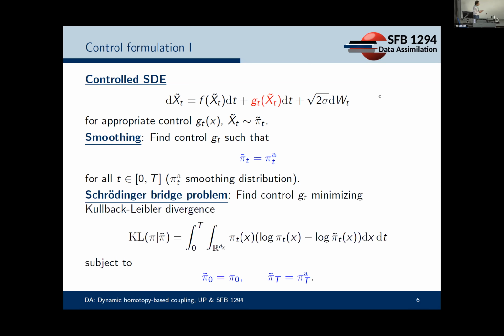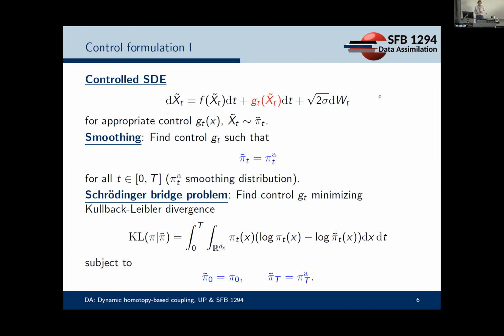And then there's one step further, when you say, okay, yes, I really want to go from my last analysis to the next analysis directly, and also want to find a control law G. And that's possible. It's not unique, so you introduce some cost function. It's the Kullback-Leibler divergence between the two processes, essentially.